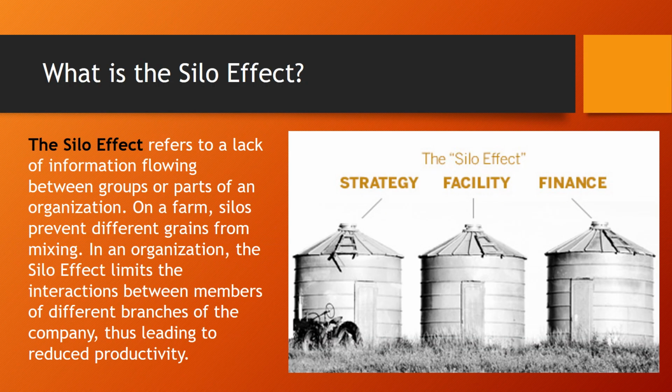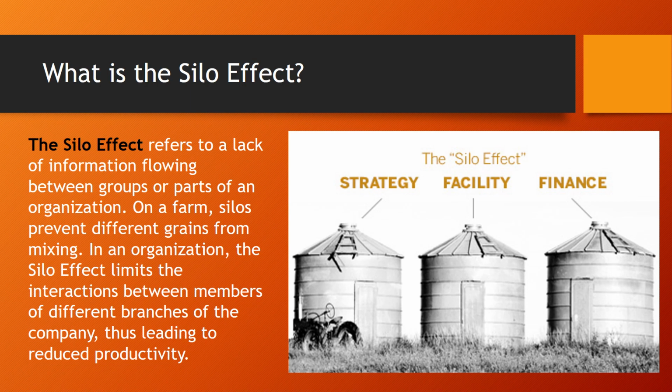First of all, let's talk about what the silo effect is. This is when an organization becomes, I guess, blinkered. They each become so compartmentalized that there is a lack of information flowing between the groups or parts of an organization. If you look at, for instance, a farm, silos prevent different grains from mixing. In an organization, the silo effect limits the interactions between members of different branches of the company.